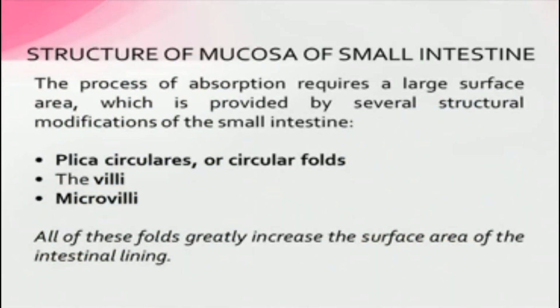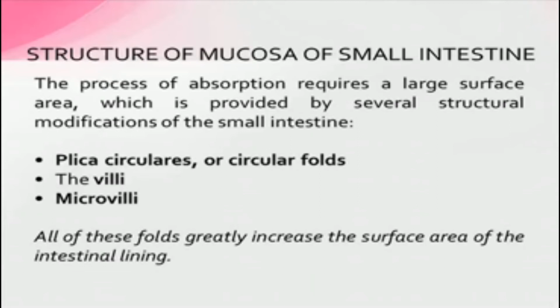Most absorption of the end products of digestion takes place in the small intestine. This process of absorption requires a large surface area, which is provided by several structural modifications of the small intestine. First, circular folds are macroscopic folds of the mucosa and submucosa. Second modification, the villi, which give the inner surface of the intestine a velvet-like appearance.